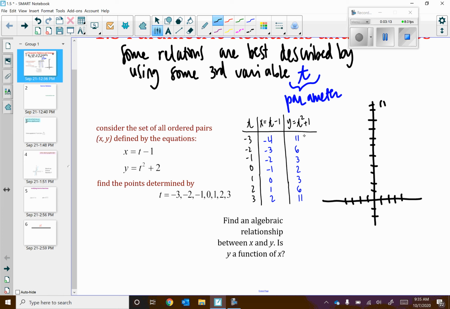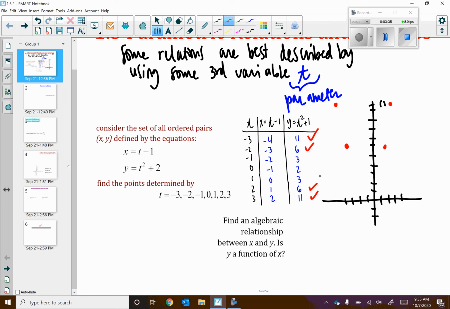All right, so we can plot all these points. -4, 11, and +2, 11. So I did that one and this one. -3, 6, and 1, 6.